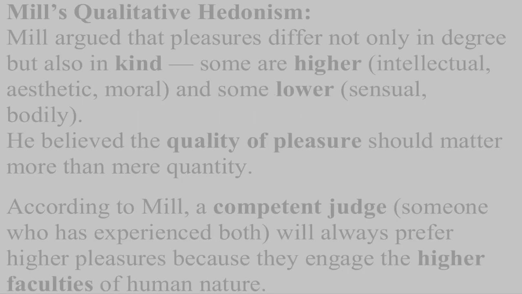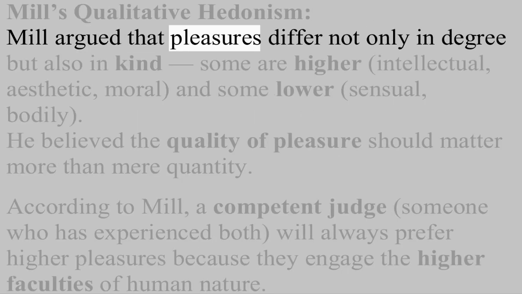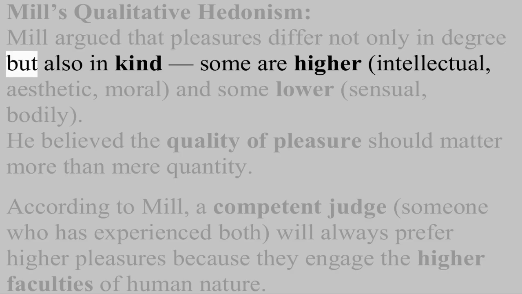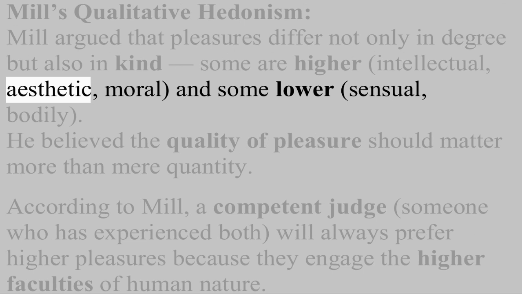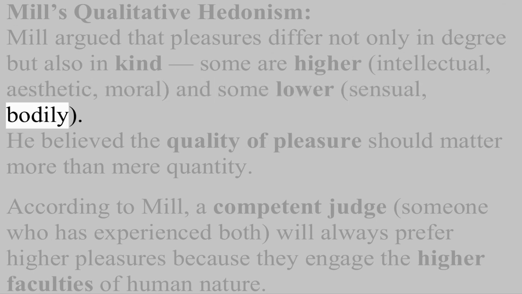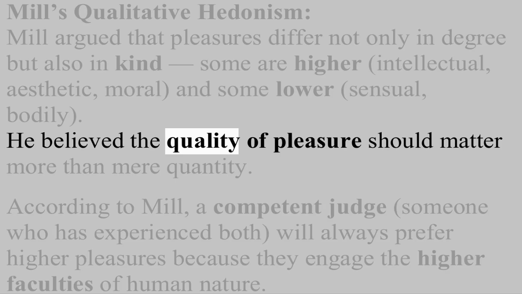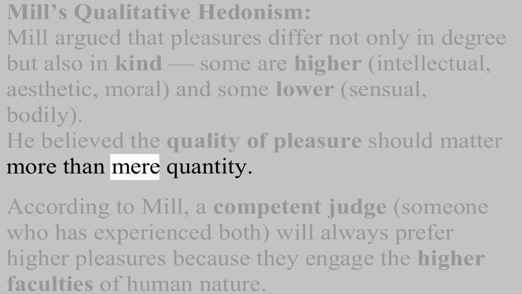Mill's qualitative hedonism. Mill argued that pleasures differ not only in degree but also in kind. Some are higher, intellectual, aesthetic, moral, and some lower, sensual, bodily. He believed the quality of pleasure should matter more than mere quantity.